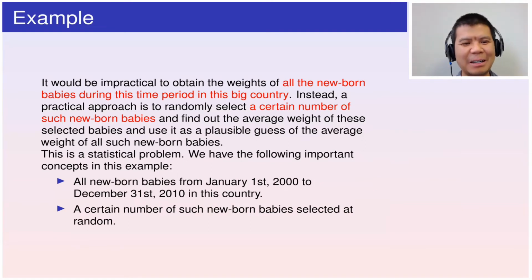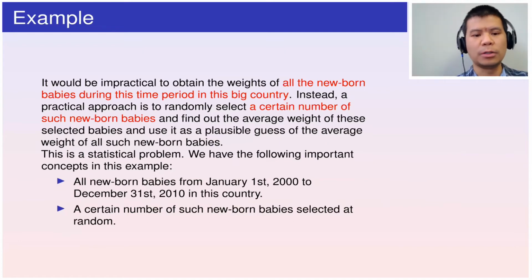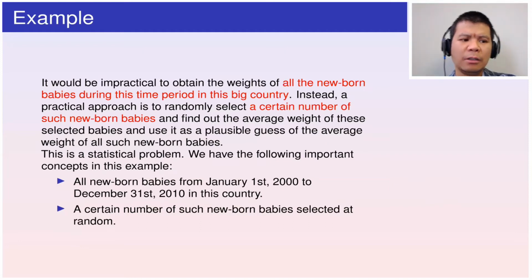Instead, a practical approach is to randomly select a certain number of such newborn babies in this time period. For instance, you randomly select 1,000 newborn babies. That's a relatively large, okay size, and it's doable. You cannot get all the weights, but you can try to get 1,000.